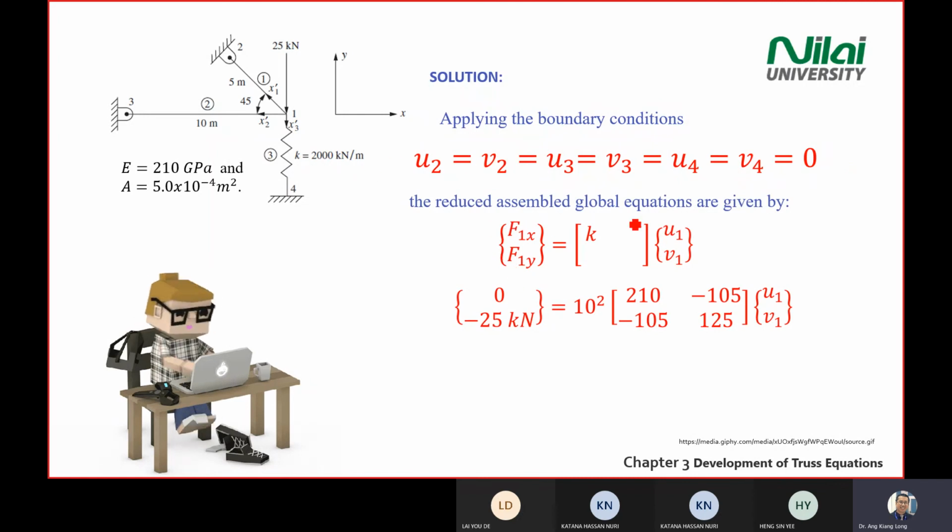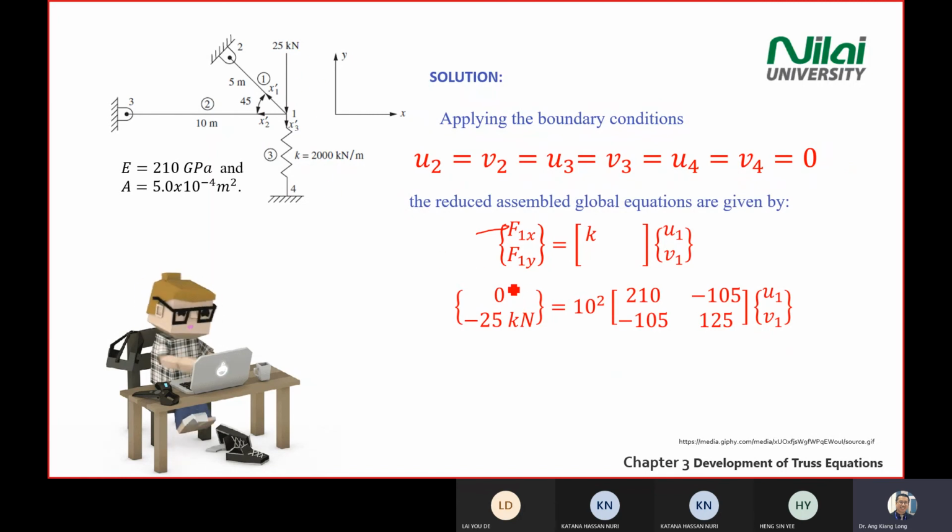At the end, you know that you arrive at your F equal to KD. So for the first element, you only reduce to this matrix equation. So F1x, if you look here, you don't have an external force, so you put 0 for F1x here. It's a capital F, yeah? It's a capital F here, not a small f. Capital F is the external force.